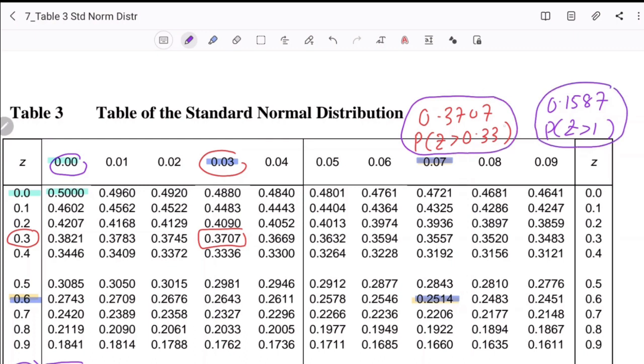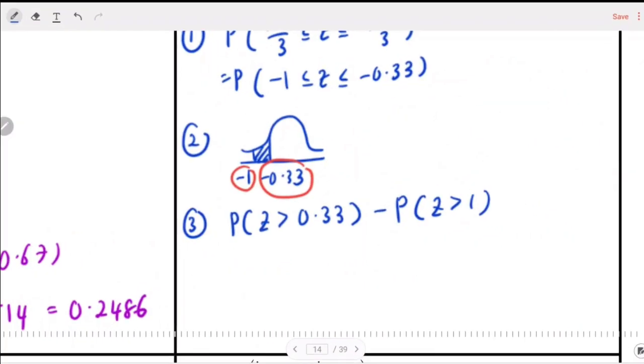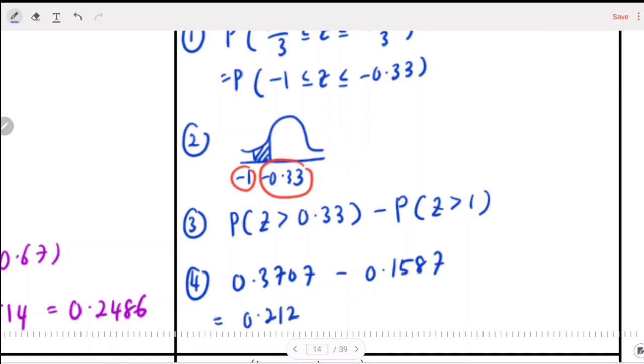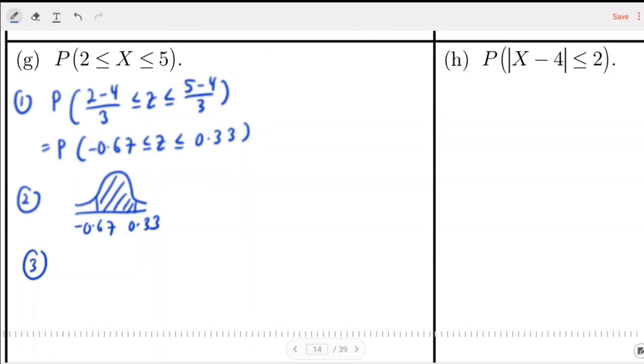So that's why we take Z greater than 0.33 minus Z greater than 1, so that our probability wouldn't be negative. So the last step, bigger one minus the smaller one. Calculate to get the answer.